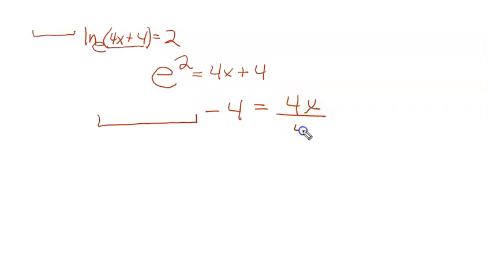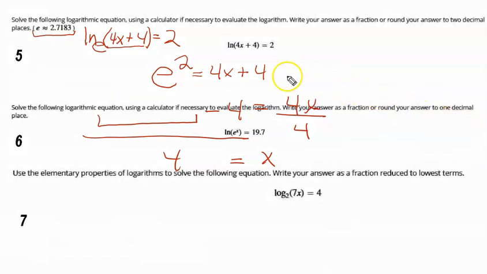We're going to then divide both sides by 4. And that will be our value. Now I'll do that on my end. We'll go back to the regular board here, and we'll put our answer in and see what we get.